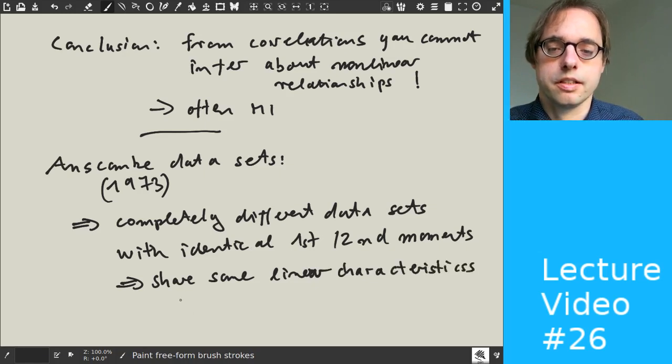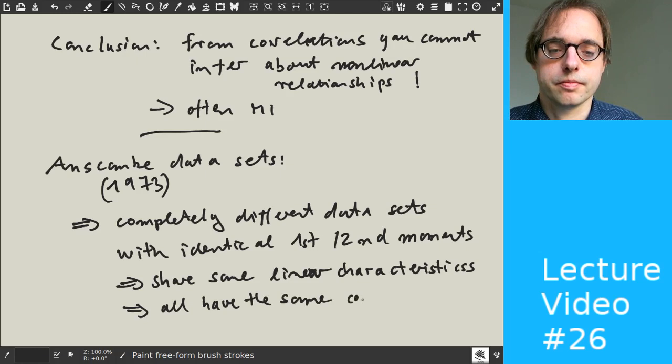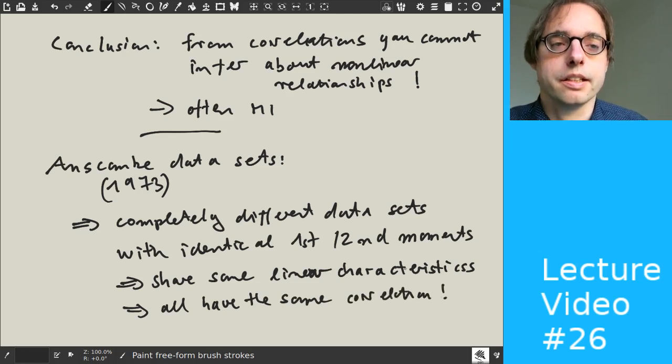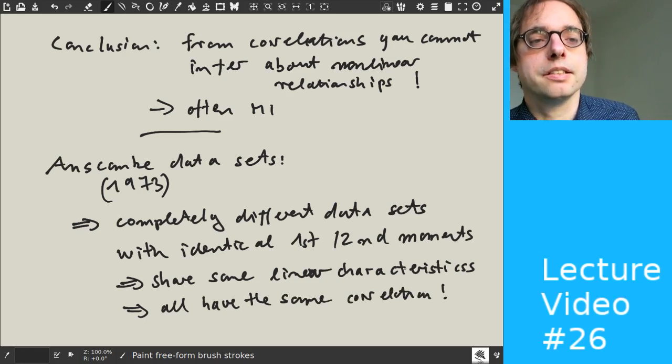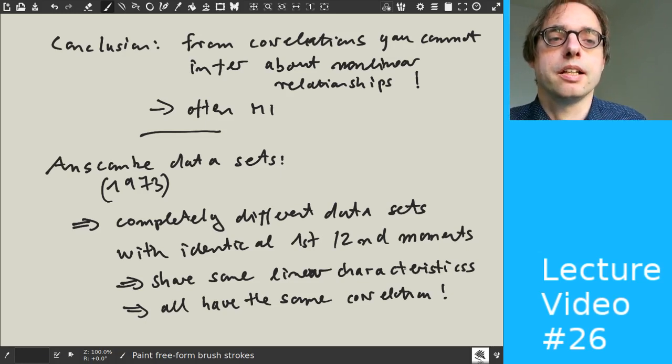They all have the same correlation. So this is another illustration that looking just at correlations can be misleading. They're often useful, but they can also be misleading.